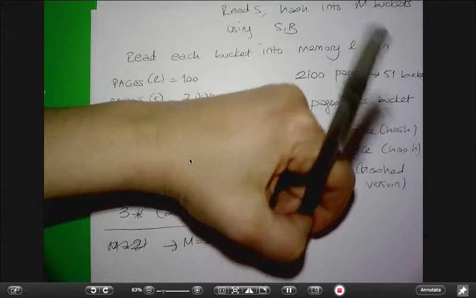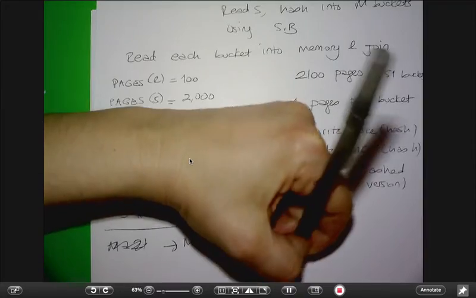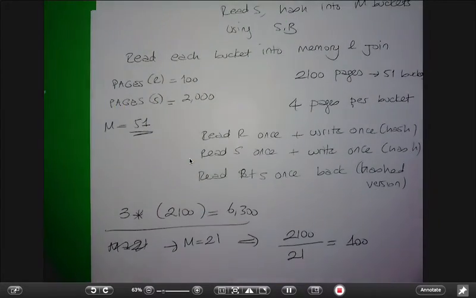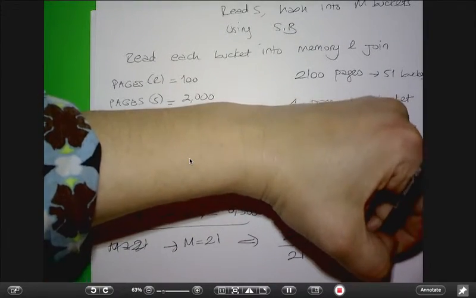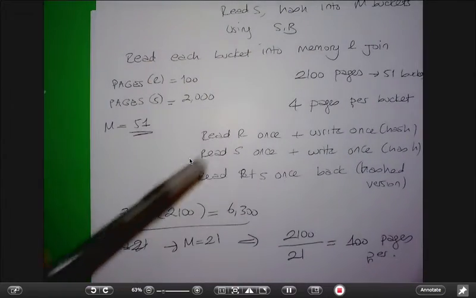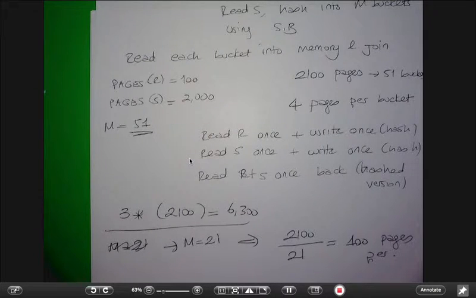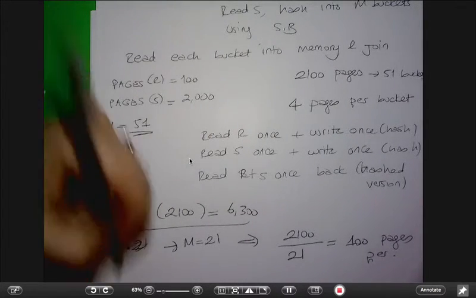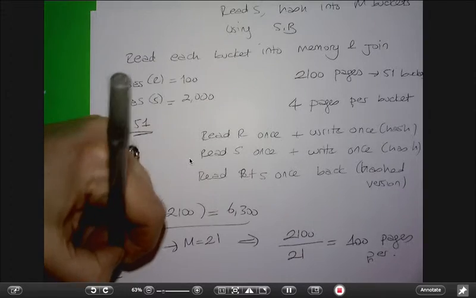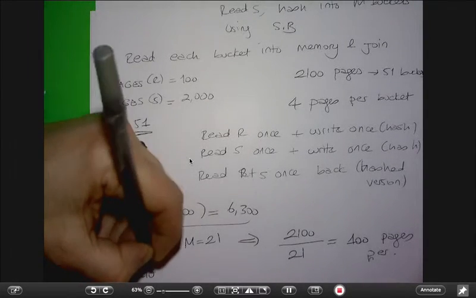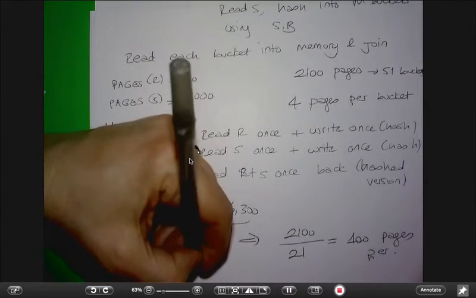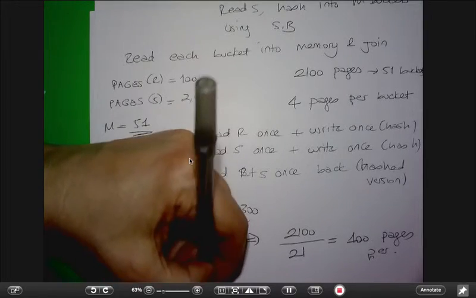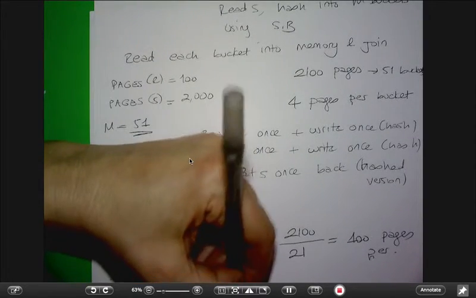So I have 2,100 pages and 21. So I have about 100 pages per bucket, right? So basically, I read once and I wrote once. So the total cost was 2 times 2,100. So 4,200 pages just to hash.